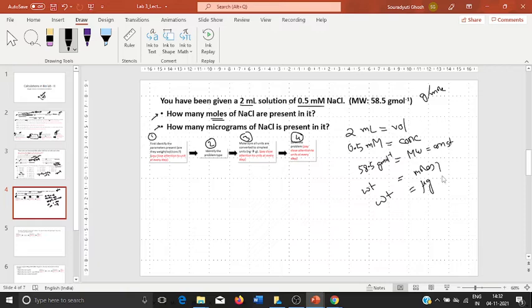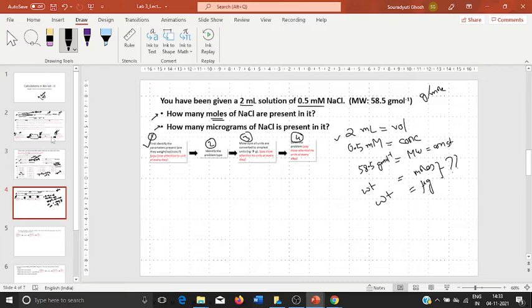So these two are unknown. The known factors are volume and concentration. So the first step is done. We have identified that volume is given, concentration is given, molecular weight is given, and weight is being asked to calculate in moles and the microgram unit.